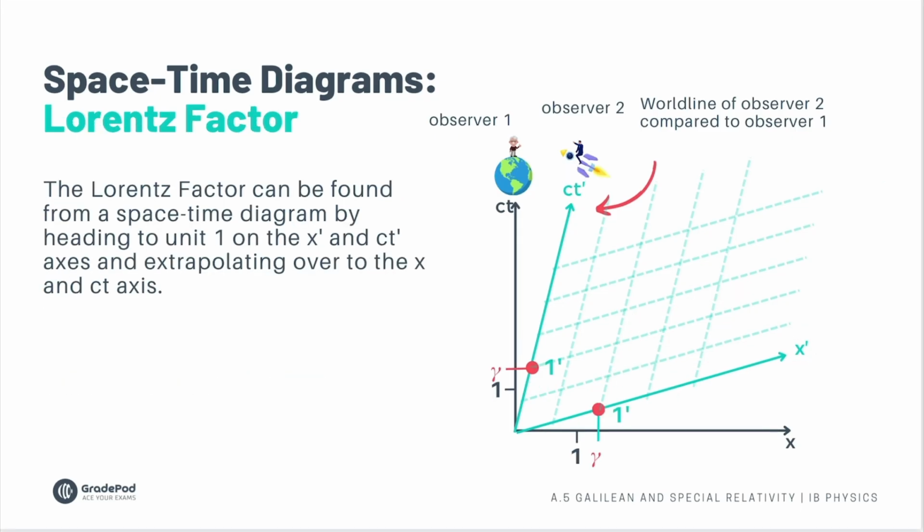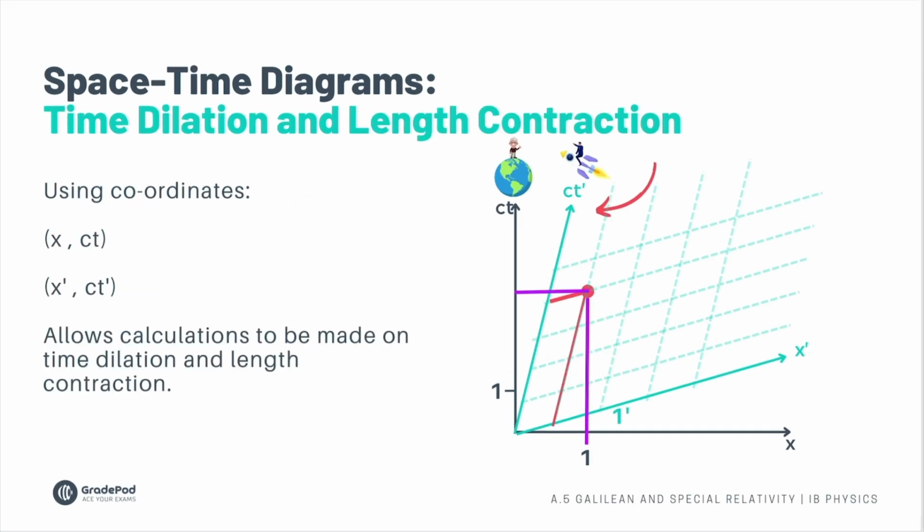Another thing you might be asked to do with a space-time diagram is to determine the value of the Lorentz factor. And to do that, you'd head to unit 1 on the X-dash axis and the CT-dash axis and extrapolate them back to the CT axis, and you'll find this value here, where it's extrapolated back, is equal to the Lorentz factor. One final thing you can do with space-time diagrams is determine the time dilation and length contraction using the coordinates of these space-time diagrams.